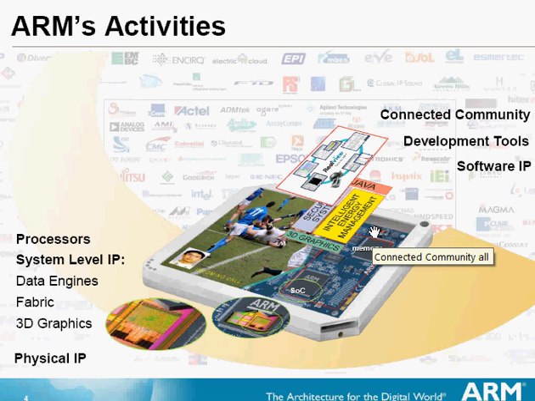And finally, we work with an extensive third-party community to make the whole device creation possible. Remember, this also helps frame what we do not cover, right? The industrial design of the device.